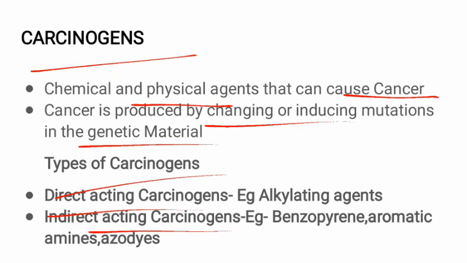It will, as such, affect the genetic material and cause cancer. An example of a direct acting carcinogen is an alkylating agent. An indirect acting carcinogen requires a metabolic conversion in order to become carcinogenic and affect the genetic material by causing mutation. Examples of indirect acting carcinogens are benzopyrene, aromatic amines and azo dyes.